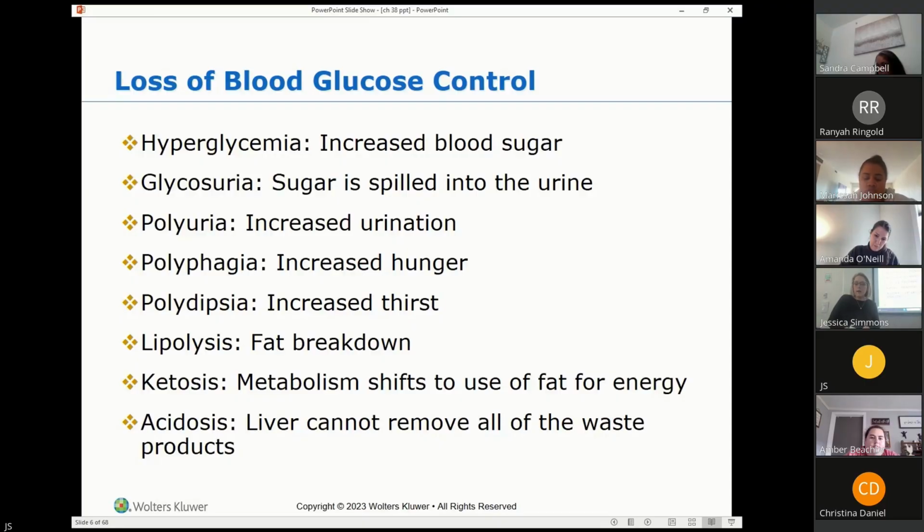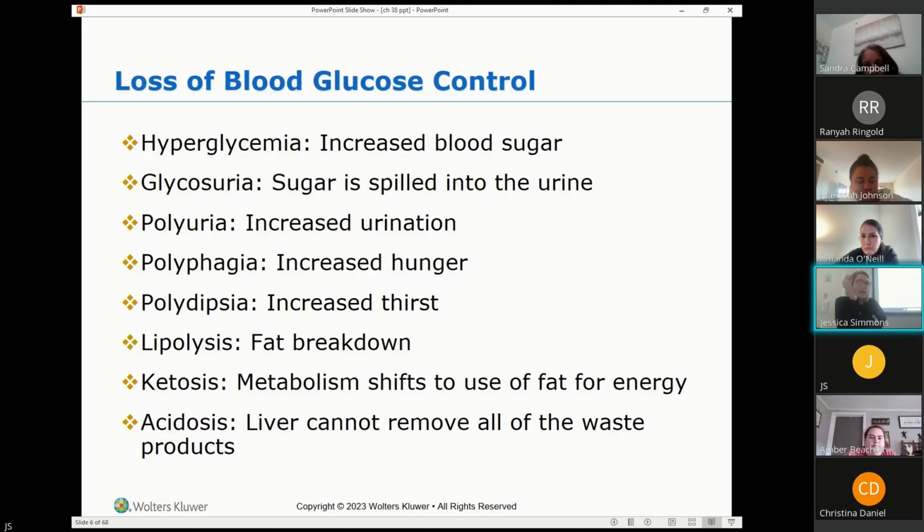Loss of blood glucose control. We have hyperglycemia, which is increased blood sugar. Glycosuria, which is sugar that's spilled into the urine. Polyuria is increased urination. Polyphagia is increased hunger. Polydipsia, increased thirst. Lipolysis, olysis is the breakdown.